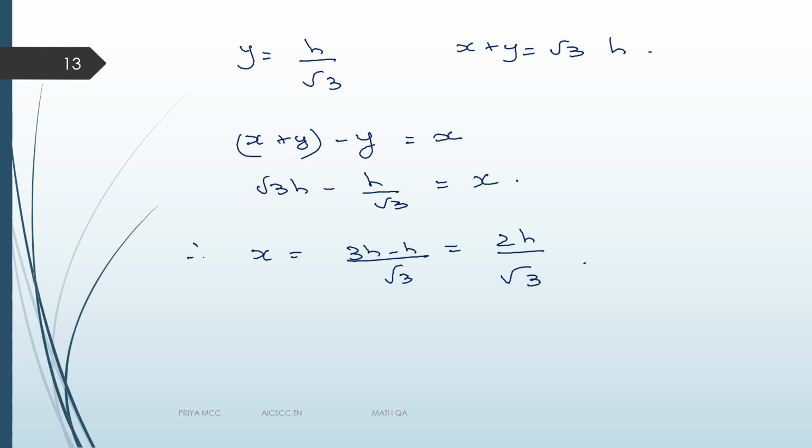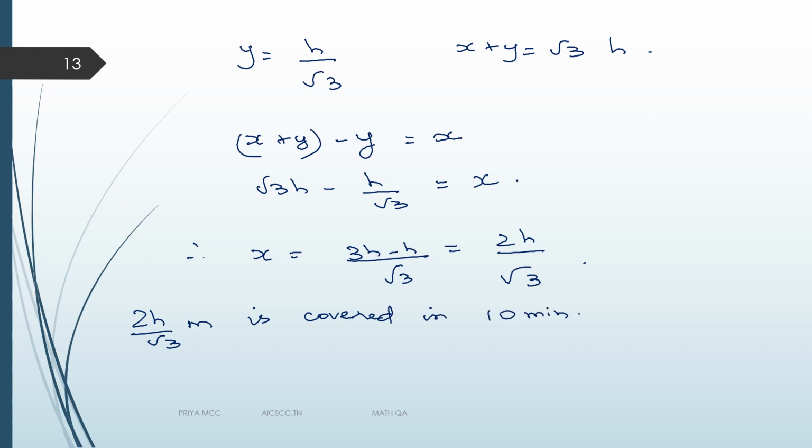Now, he is moving, this difference, that change is your X. That distance he is moving in 10 minutes. That is 2H by root 3 meters is covered by the boat in 10 minutes.